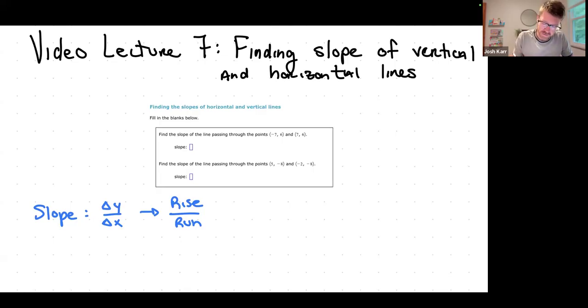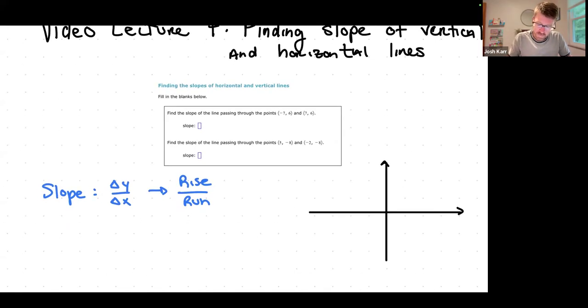So the first little thing I'm going to ask for you to do is let's draw a horizontal line on the coordinate plane. Let's just say there's one that crosses here at 1.